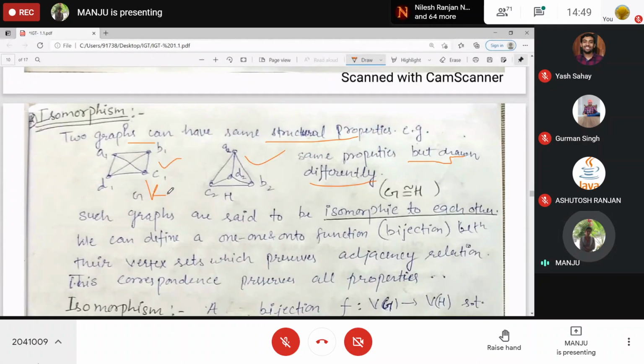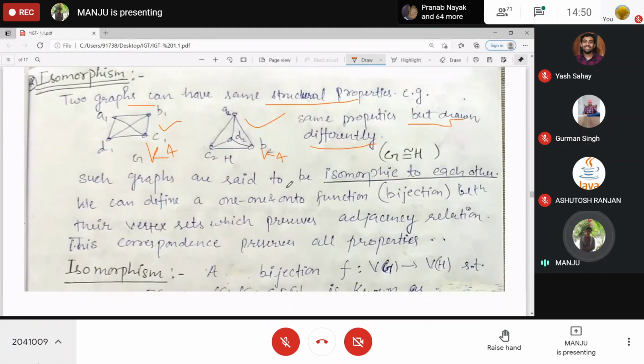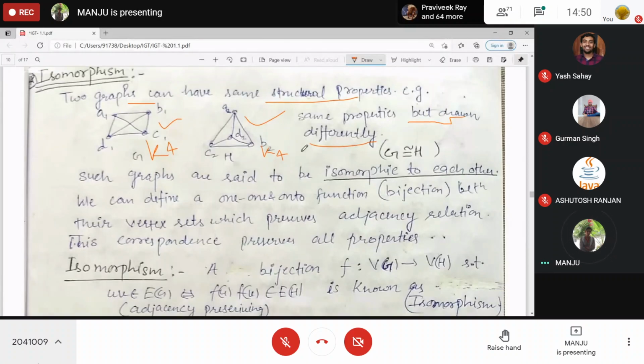These are both K4, a complete graph of order 4, just drawn differently. But all the properties are the same. Clear? All the structural properties are the same, then these graphs are isomorphic.